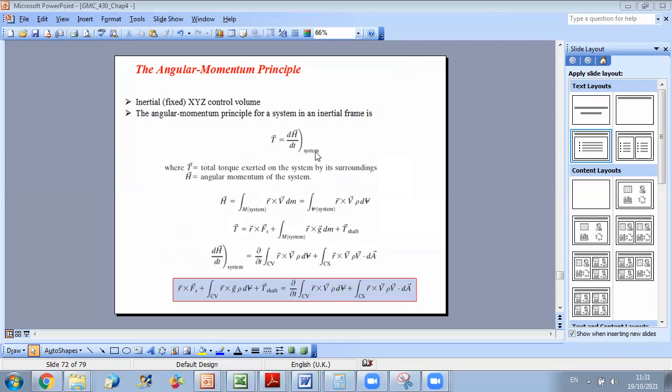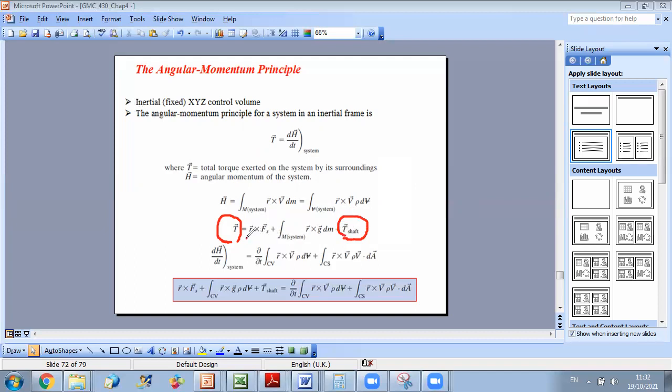What does the angular momentum principle say? It says that the summation of torques acting on a system, so instead of the sum of forces we have the sum of torques. What is the sum of torques usually due to? If you have a system and want the sum of torques, you should consider the couple moments plus the moments created by all forces. So if you have a couple moment acting on the system, let's say you have a body with a shaft and you have rotation, you have to consider the shaft couple, and you should consider the moment of all forces.